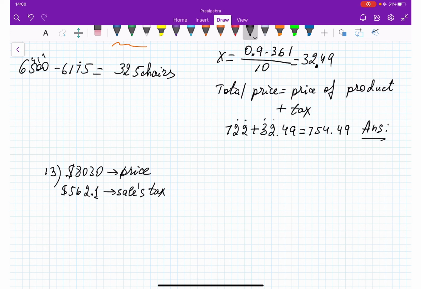How many percent is the sales tax rate? So we need to find how many percent is the sales tax.